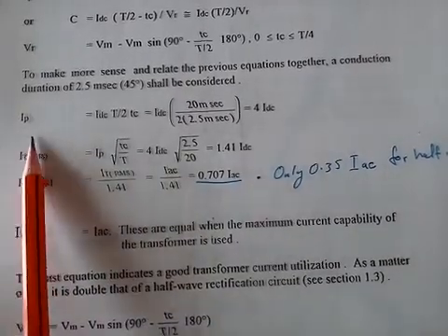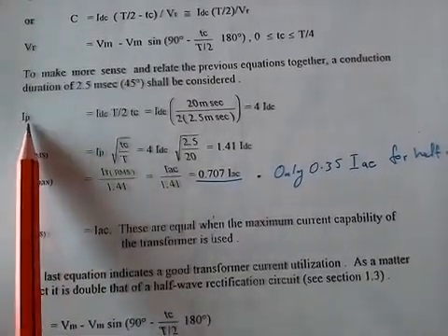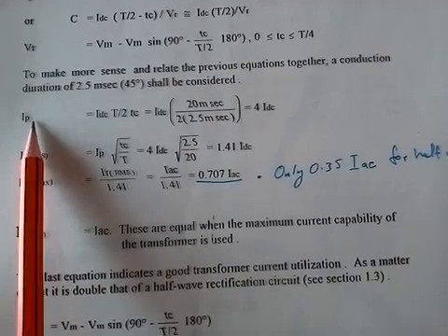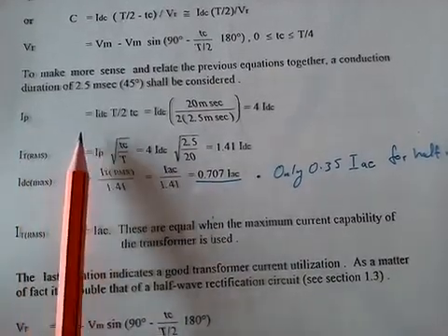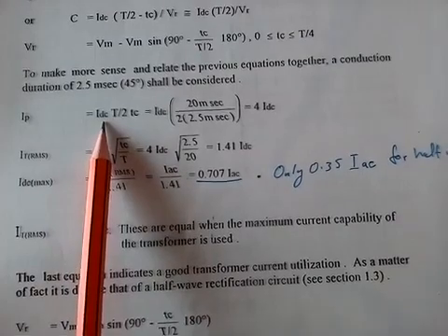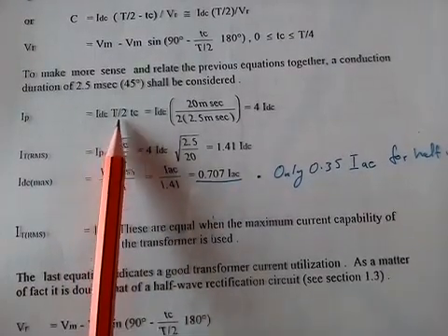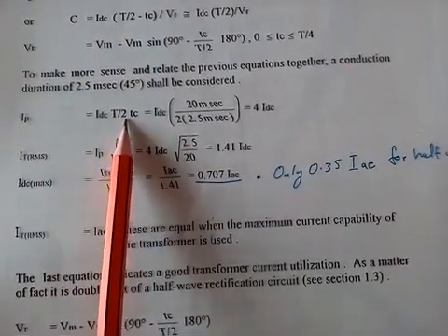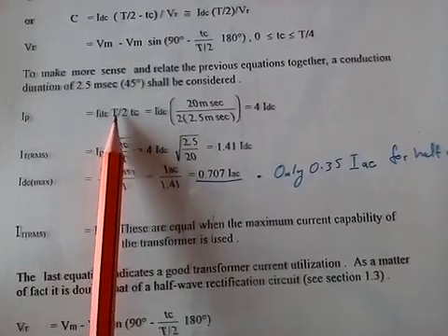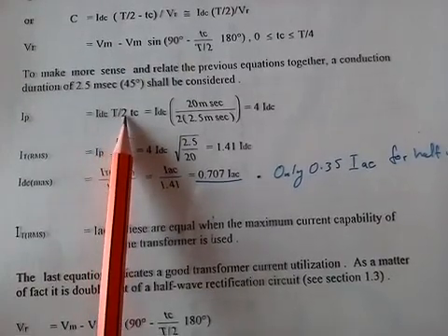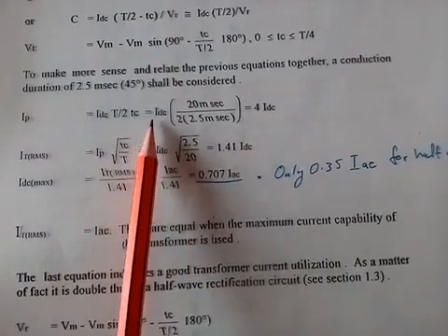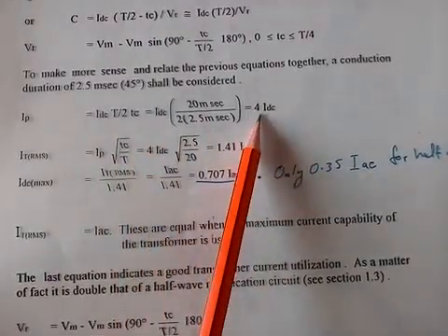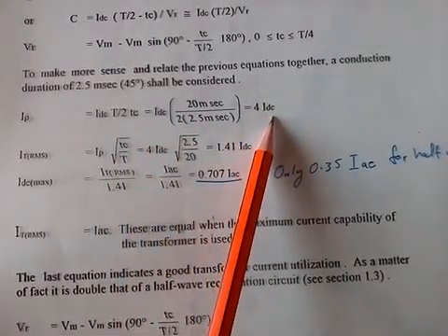Okay, the maximum IP, how much IP we are allowed to have, what is the maximum IP that we are allowed to have? Well, that would equal the IDC multiplied by T over 2, multiplied by T divided by 2 TC. And that equals in numbers 4 times the IDC.